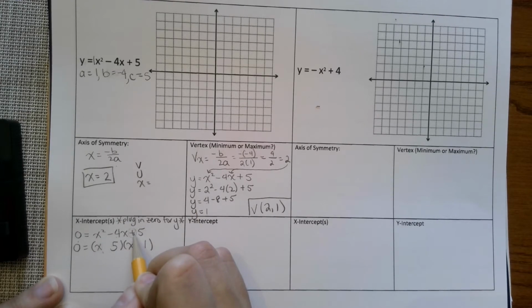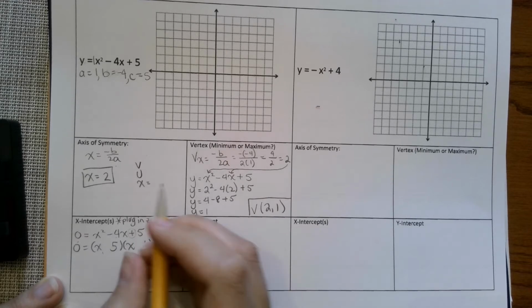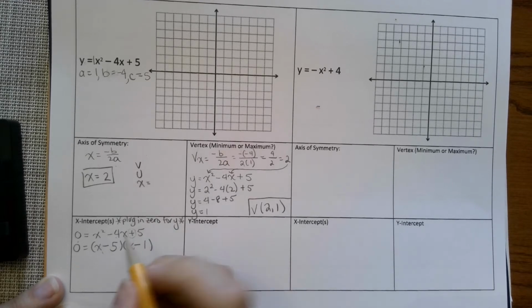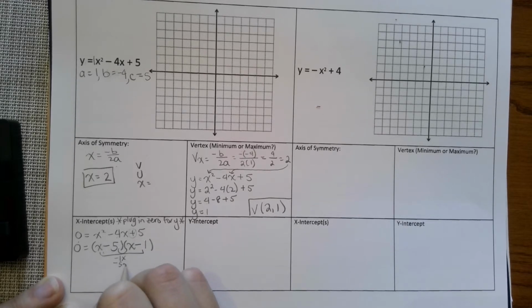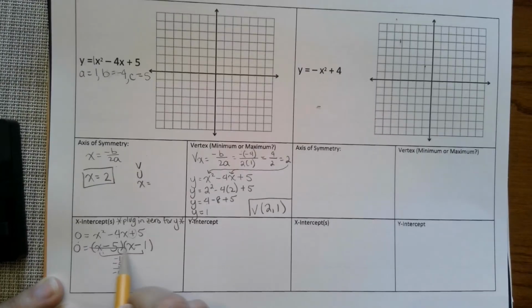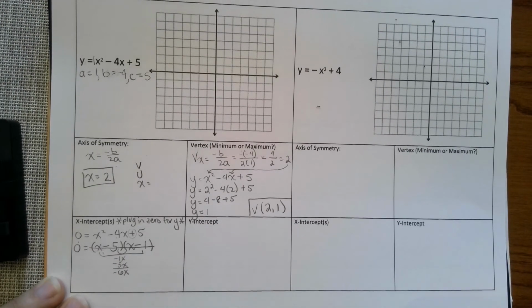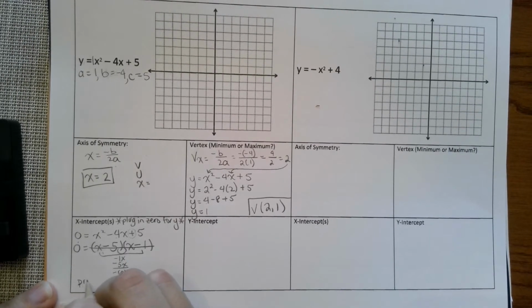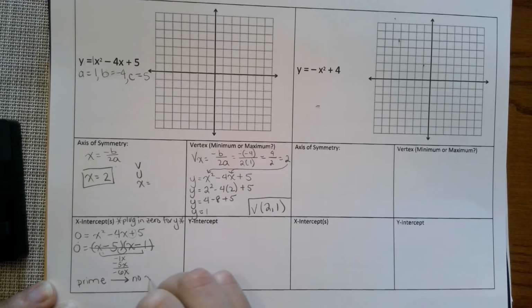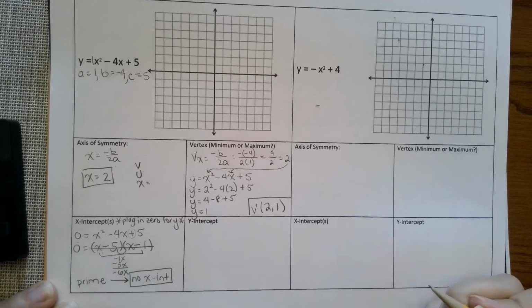If this is positive, that means my signs have to be the same. If this is negative, that means I'm looking for a negative sum. And when I check this, I see negative 1x and negative 5x gives me negative 6x. So this doesn't work, and I don't have any other options. So what we're noticing here is that this is prime. This is a prime trinomial, which means we have no x-intercepts. So we're going to have to talk about a way to graph otherwise.